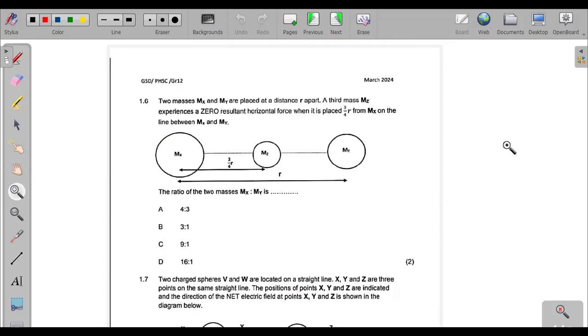The ratio of the two masses, mx and my, is? We can get our answer from understanding that if this is 3/4 r and the whole distance is r, then the remaining distance is a quarter r.